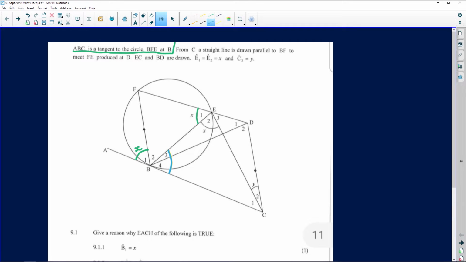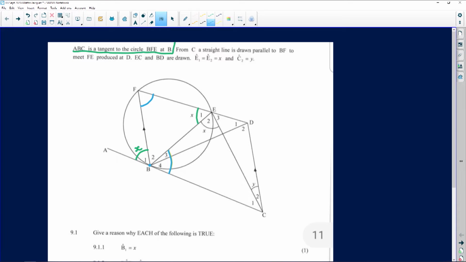The angle between the tangent and the chord is equal to the angle in the alternate segment. Now that is just by using the fact that this is a tangent, it touches at B. In this diagram, there's absolutely no radius given and no diameter given. There's also not another tangent drawn to the circle. So we're happy with what we've got so far.